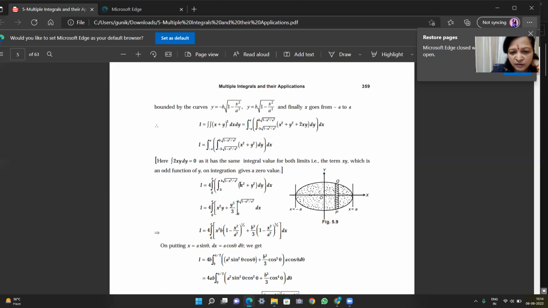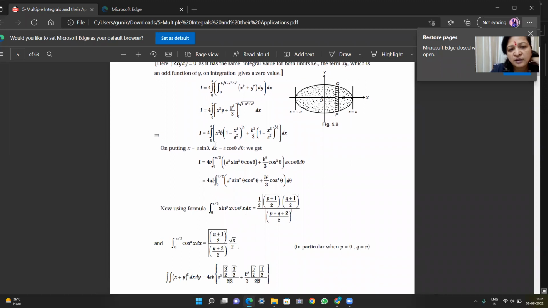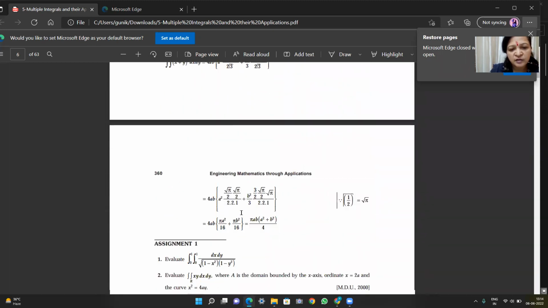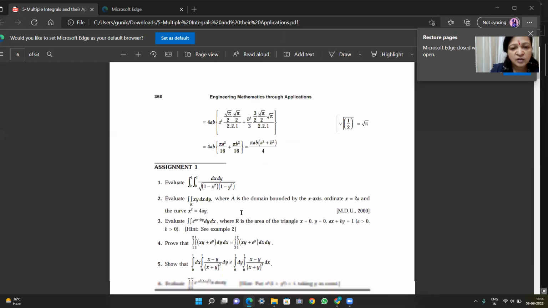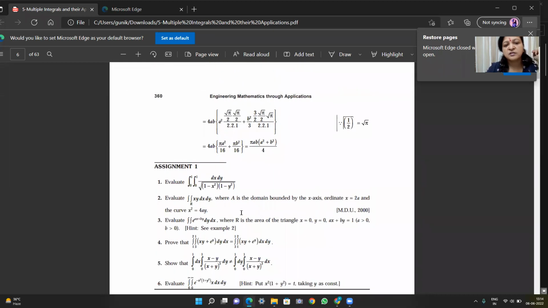You simply integrate this with respect to y and put the limit here. To solve this, we take x equal to a sin theta, dx is this one, and you can solve it with the gamma function formula. So finally we get the value of this integral. So in this way we can solve the questions corresponding to double integrals. These are some questions for the assignment.